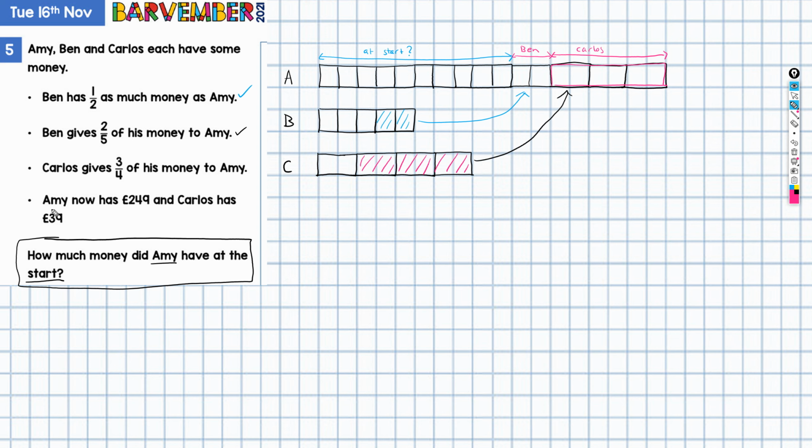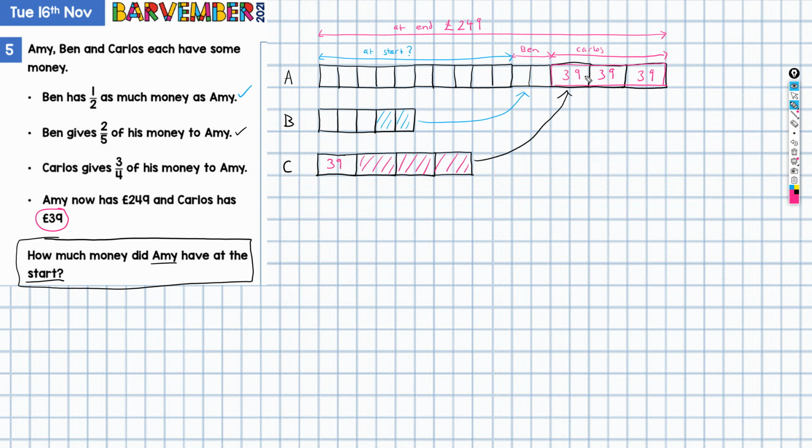Then we're told that Amy now has £249 and Carlos has £39. Now this is very interesting because we now know this value here. This is 39, and if this is 39, then all of these must be 39. And we're also told that at the end, this is the end situation, she has 249.